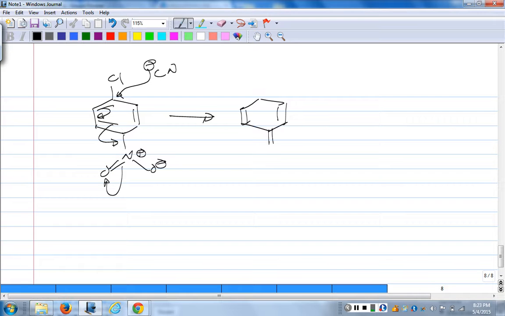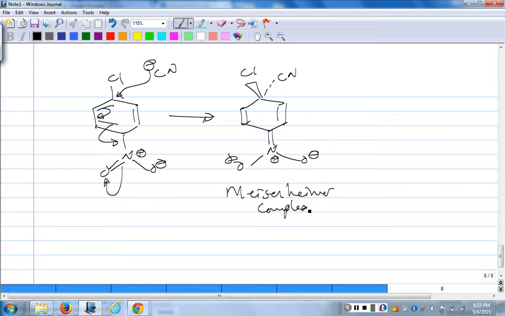And what you end up with is a negative charge spread over the nitro group and two groups on your ipso carbon, or what was once the ipso carbon. This is called a Meisenheimer complex. The Meisenheimer complex is unstable and spits out the leaving group as it re-aromatizes, and you generate your product.